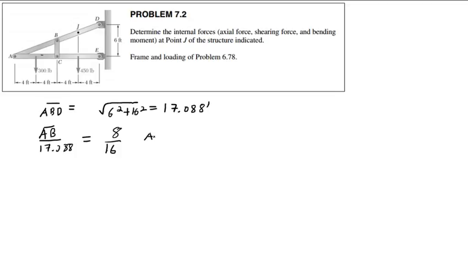So AB must be simply that over 2, or 8.544 feet. And then ABJ over ABD over 17.008.